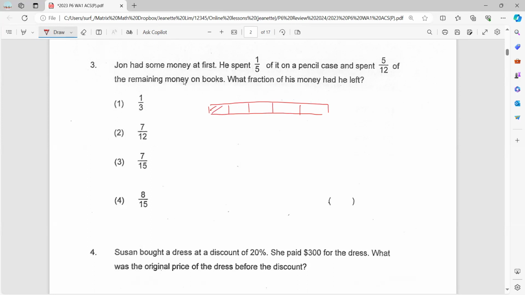So this is 1/5 spent on the pencil case. Then the remainder, now I know it's the 4 units left. And this 4 units, I have to take away 5/12. So what I do is I'll draw another model below. This time I'll split it into 12.